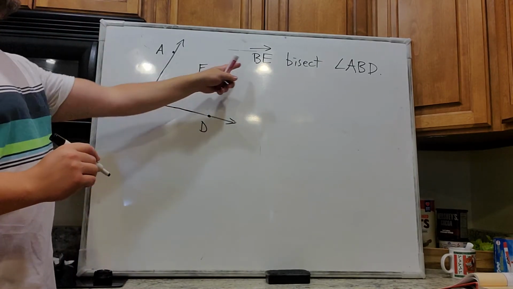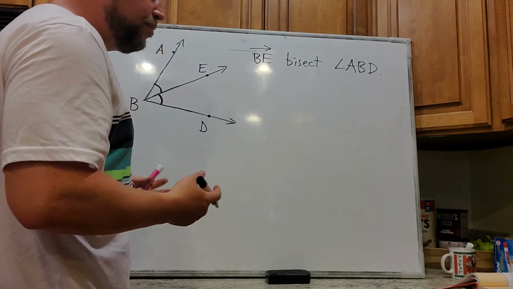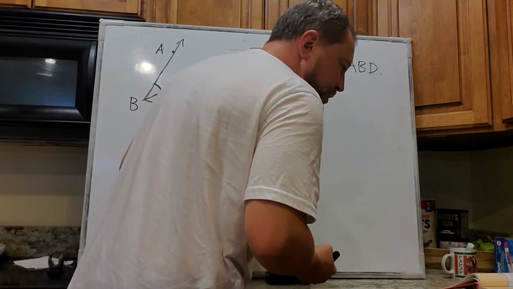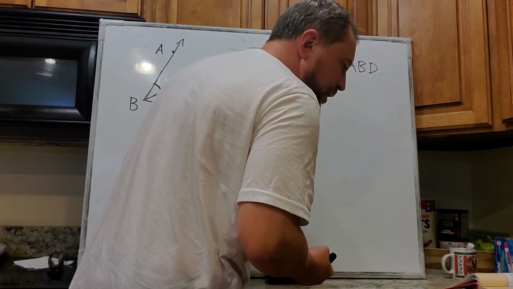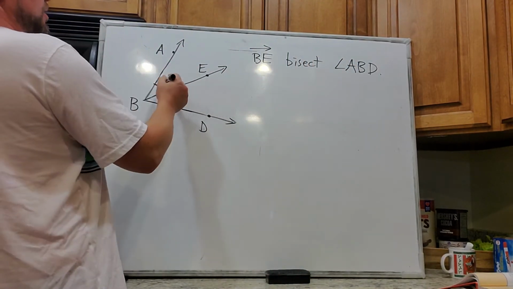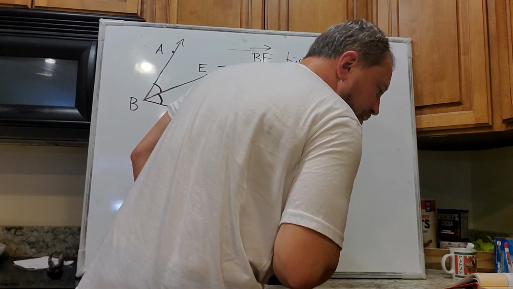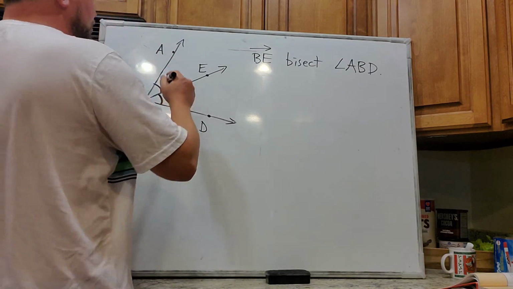Okay, so BE still is going to bisect the overall angle ABD. But on this problem, suppose that I told you that angle ABE, this one in here, is 12x minus 8.